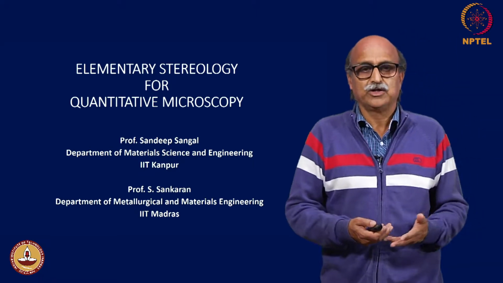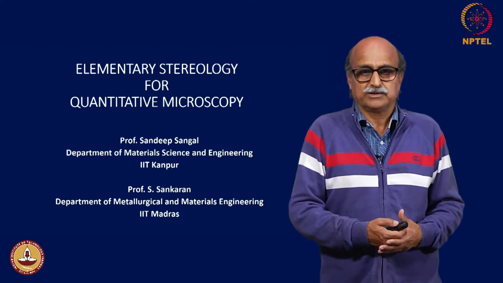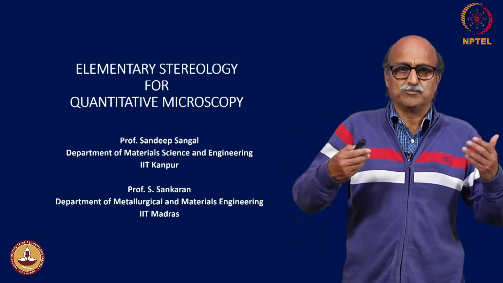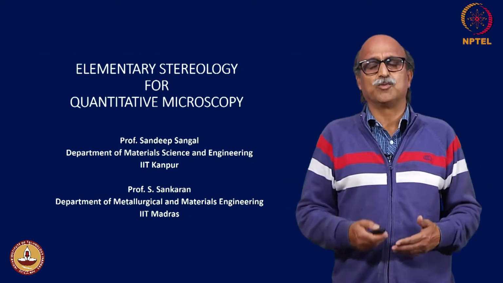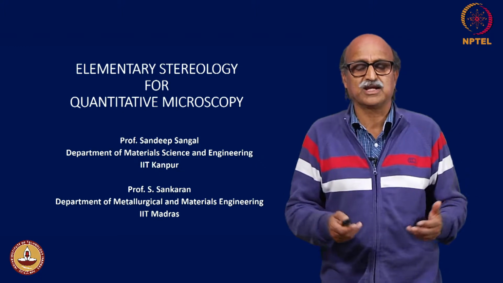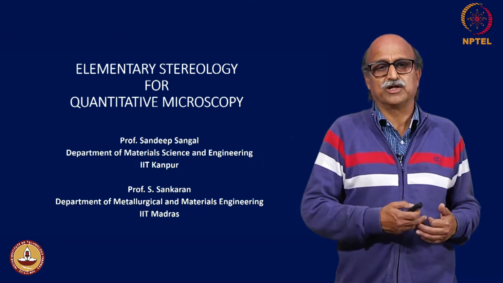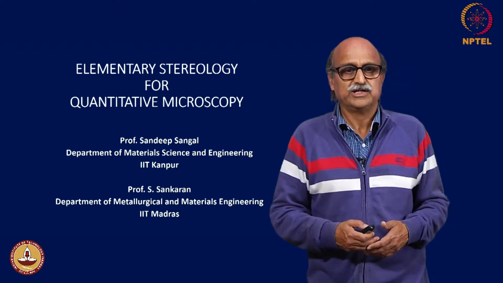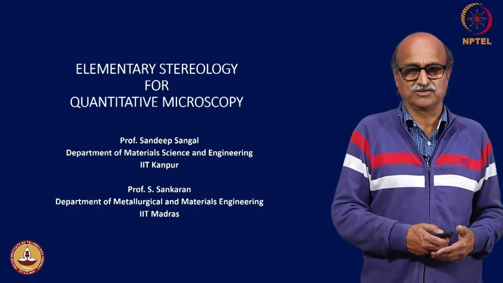It will also look at materials which have been subjected to thermomechanical processing and as a result have developed some kind of a geometrical texture or a geometrical orientation, and how to quantitatively analyze these microstructures as well.